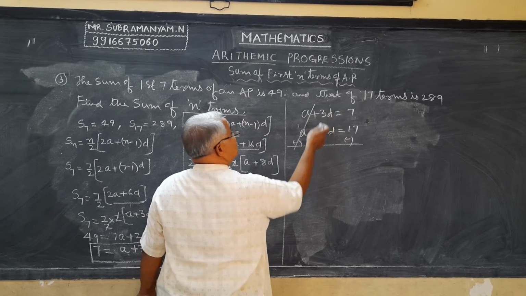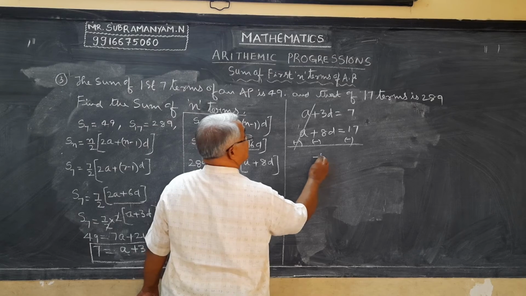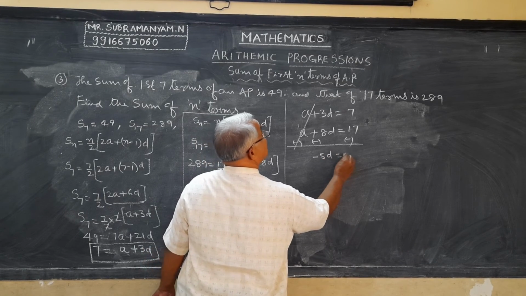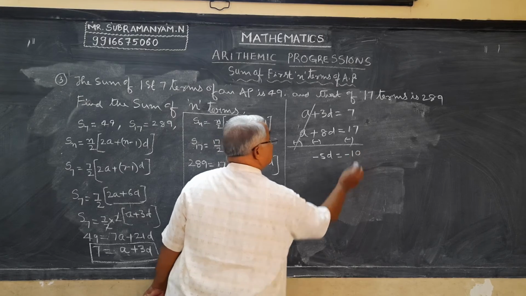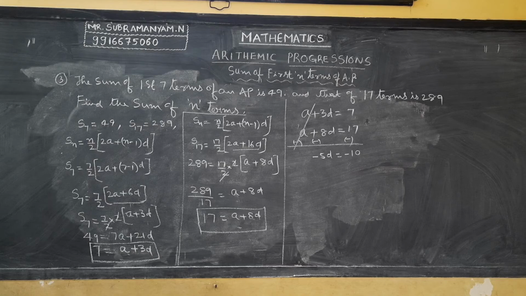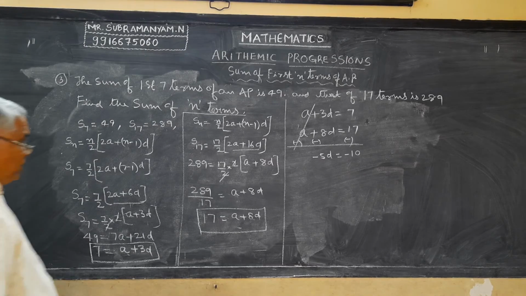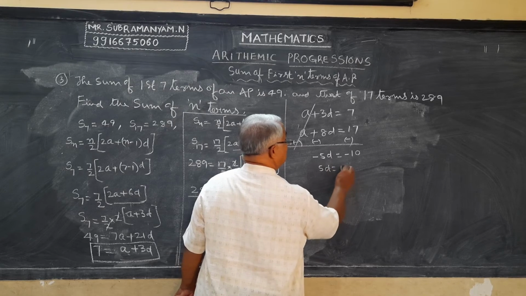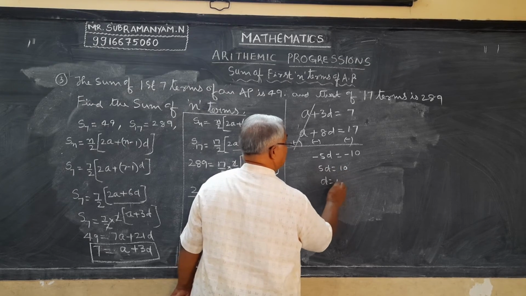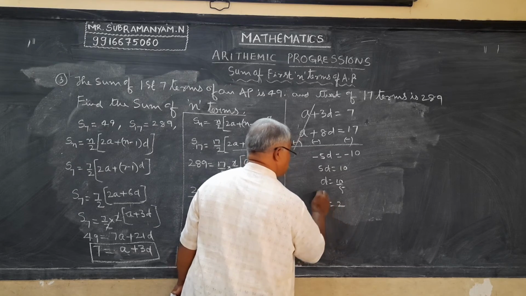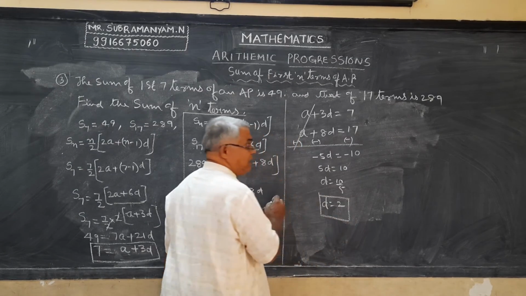So minus 5d equal to minus 10. Find the value of d now. We change the sign here. 5d equal to 10. d equal to 10 by 5. So d value equal to 2. D value, you got it.